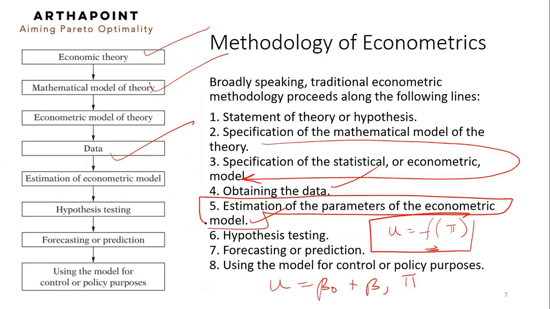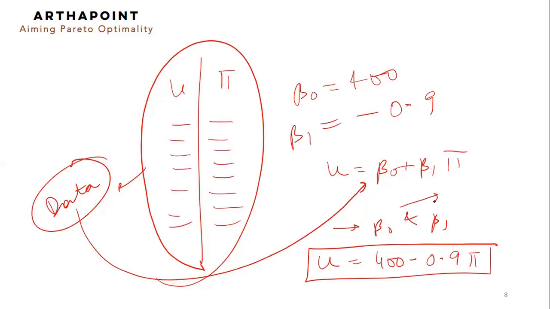Once I get these parameters in place, once I have these beta naught and beta 1, I'm going to test whether these are statistically significant or not. We'll do all this, don't worry, but I'm just giving you the steps for it for now. So what do I mean by statistical significance?